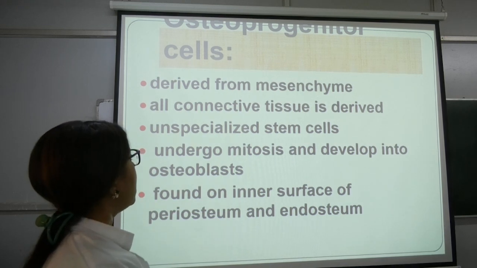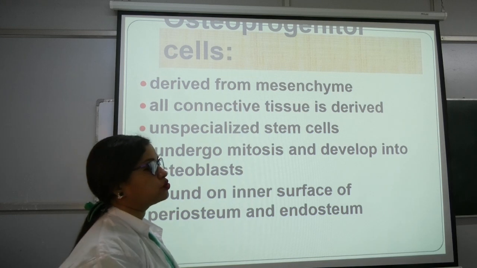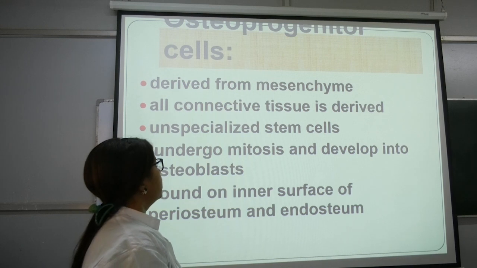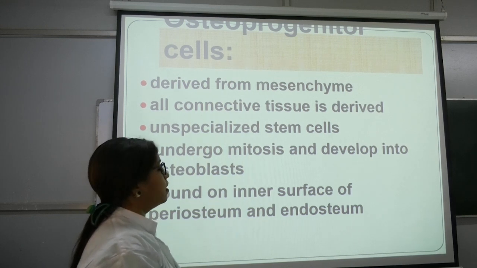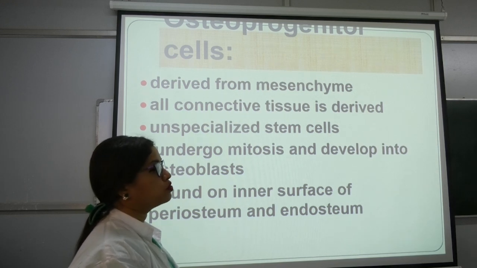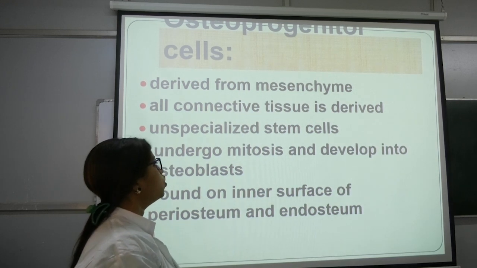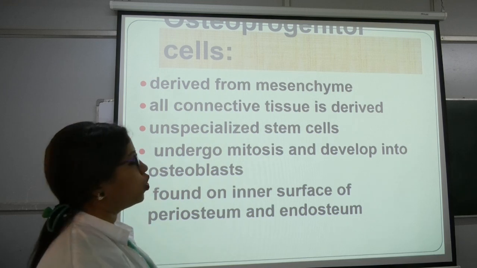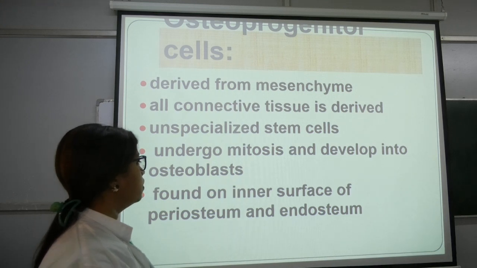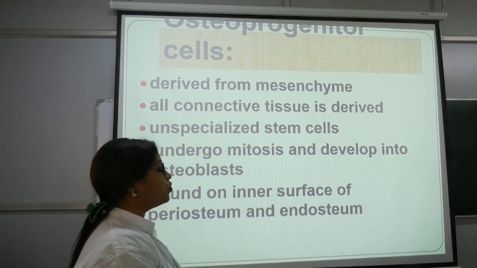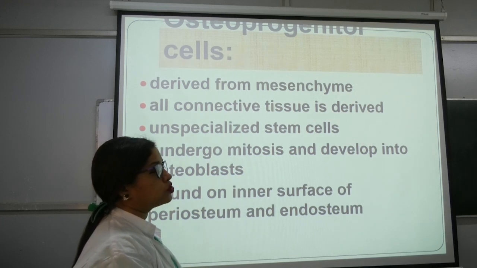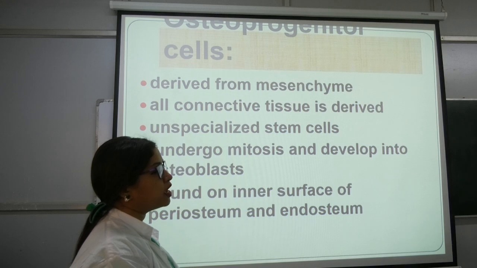These are unspecialized stem cells. And how do they form the osteoblast? By simple mitosis: they undergo mitosis and develop into osteoblast. They are found on the inner surface of the periosteum and endosteum. So which membrane is giving rise to osteoblast?